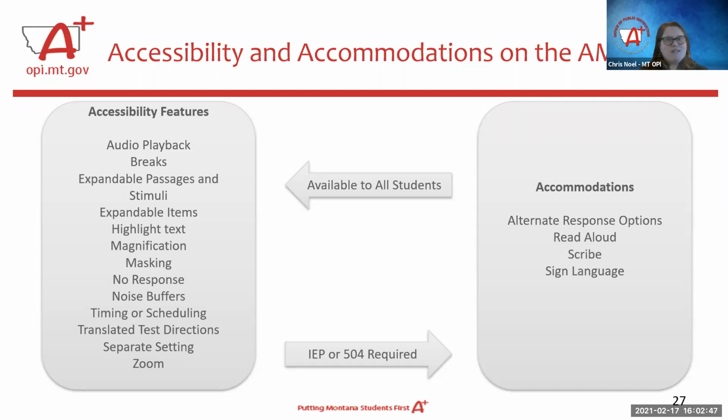And then of course, across subject areas, what an accommodation is can be variable. In some cases, something that I could allow a student to use as an accessibility feature on a science test would not be allowable on a math test, because that would be at that accommodation level of really changing the expectation, changing what I'm able to say that a student knows and is able to do.